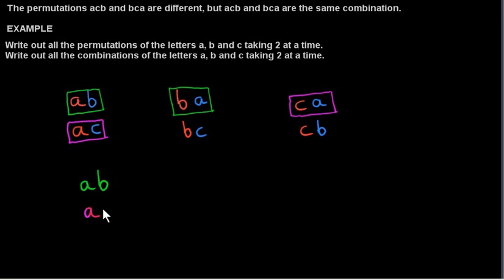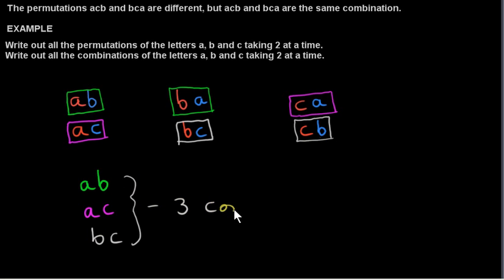So we can just write down AC. Finally, we have the permutations BC and CB. They're the same combination, so we can just write down BC. So we can see here that we have 3 combinations. We see that the letters in each combination is different from the others in at least one letter.